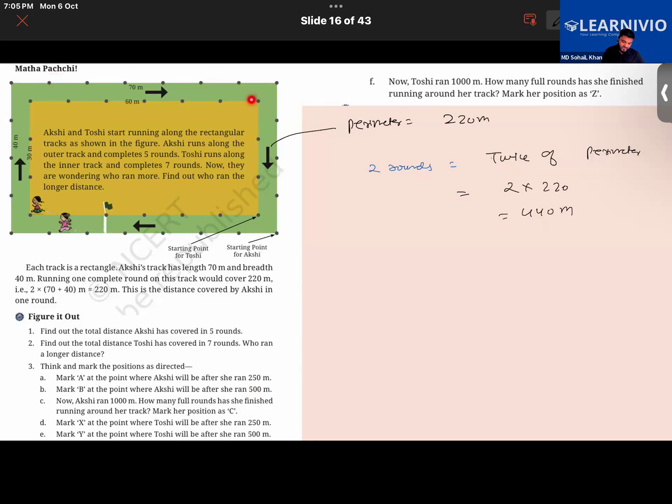Another round, she will come back to the same point here. Now from here onwards, we are going to count six steps. 1, 2, 3, 4, 5, 6. So this is where B is going to be. Hope you're understanding this.